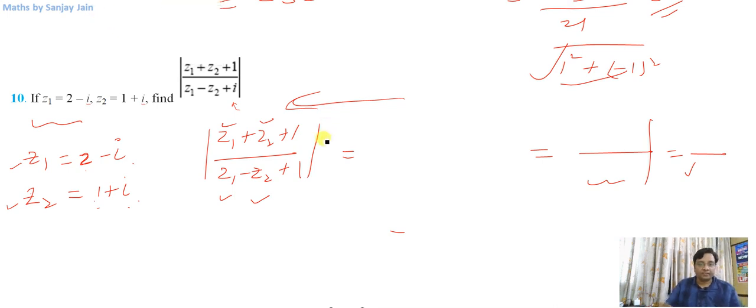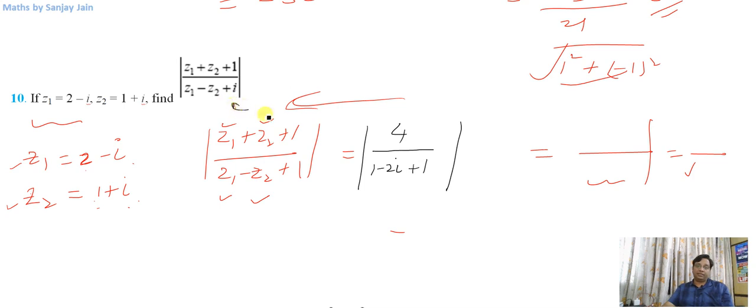See, z1 plus z2 plus 1 in the numerator will still give you z1 plus z2 is 3 and plus 1, so it will give you 4 here, and z1 minus z2 is 1 minus 2 iota, and now here I have 1 now, right?